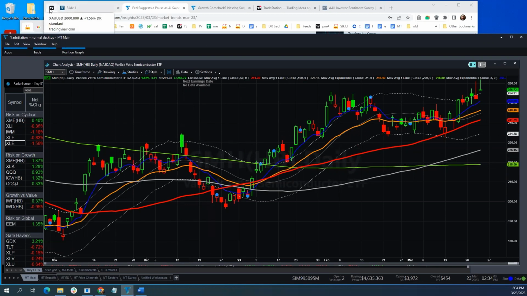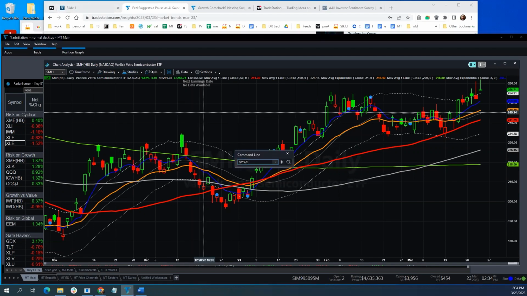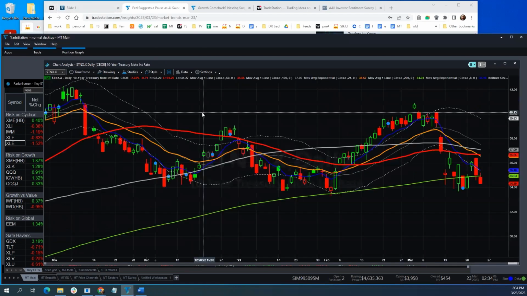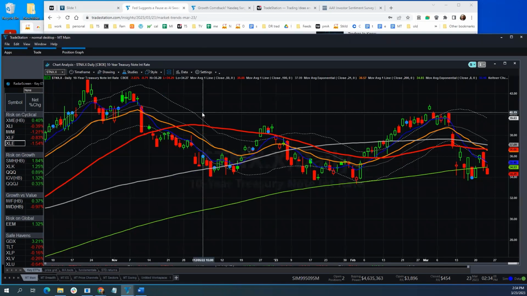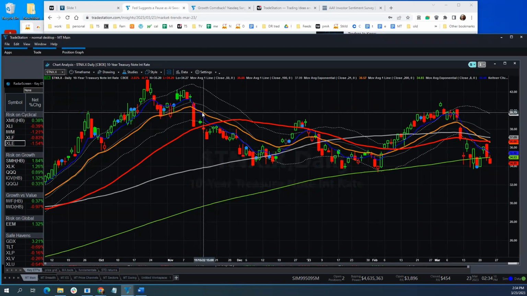Now, there is another thing: if we look at the treasury yields, I haven't looked at those since the morning. This is the 10-year. On my other computer, I actually have the 2-year. I want to see the 2-year note, the 6-month, and the 2-year.